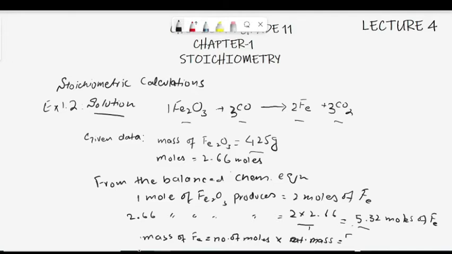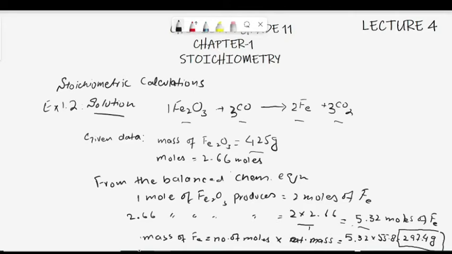The number of moles is 5.32 and the atomic mass is 55.8, and this is equal to 297.4 grams of iron. So if you have 425 grams of iron oxide and you react it with carbon monoxide, you will get 297.4 grams of iron.